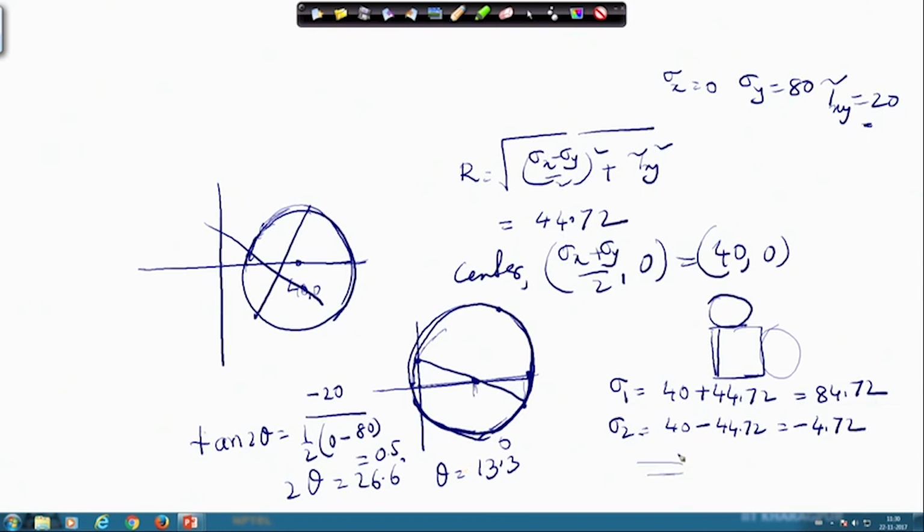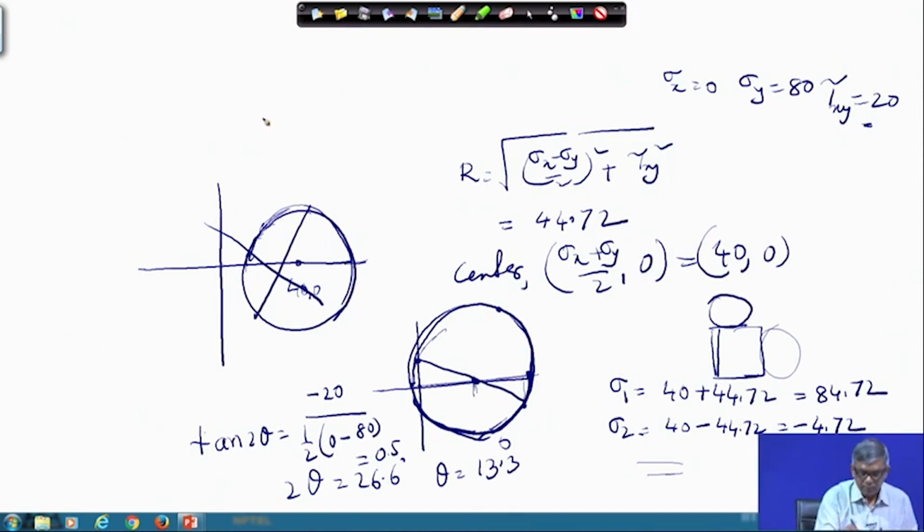So, if I want to draw a plane now with that orientation, what do I have to do? In the horizontal plane, I will make a 13 degree angle, and so this is the direction. So, our plane will be this one.